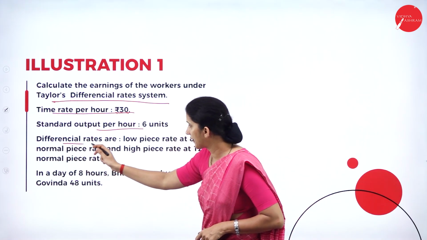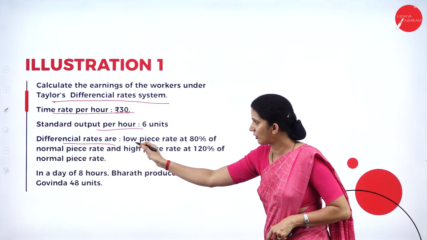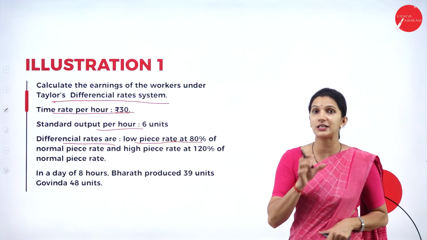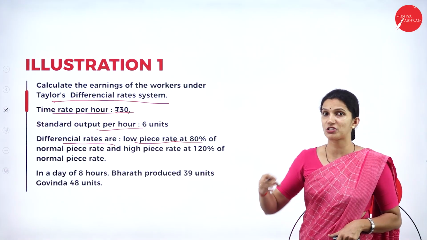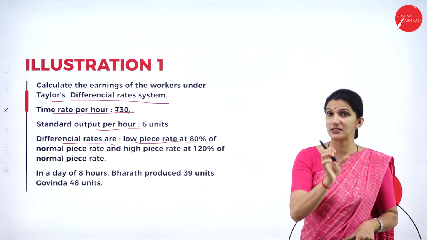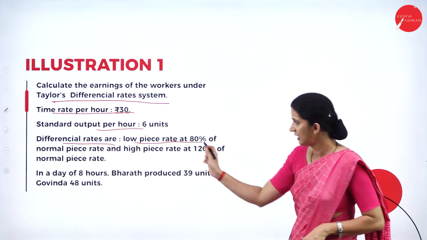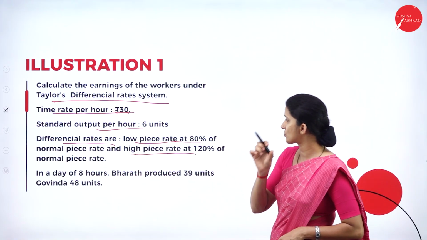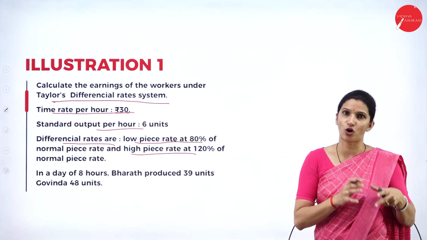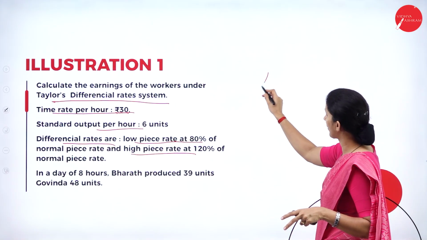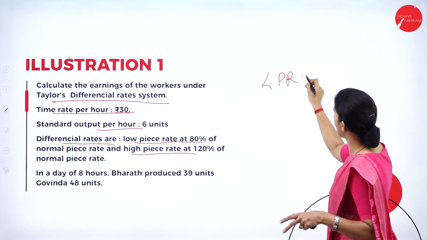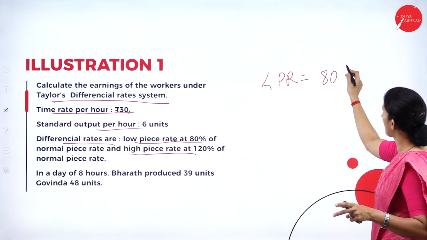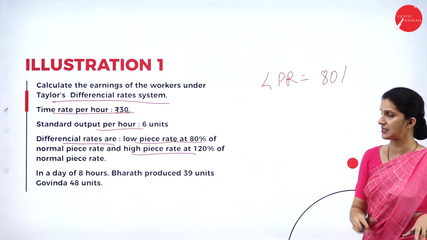Next. So differential piece rates are, see, the low piece rate at 80%. So here in the question it is clearly given what the low piece rate percentage is that you need to apply, which is 80%. And the high piece rate is 120% of the normal piece rate. So when we calculate your low piece rate, we need to apply 80% of the piece rate.